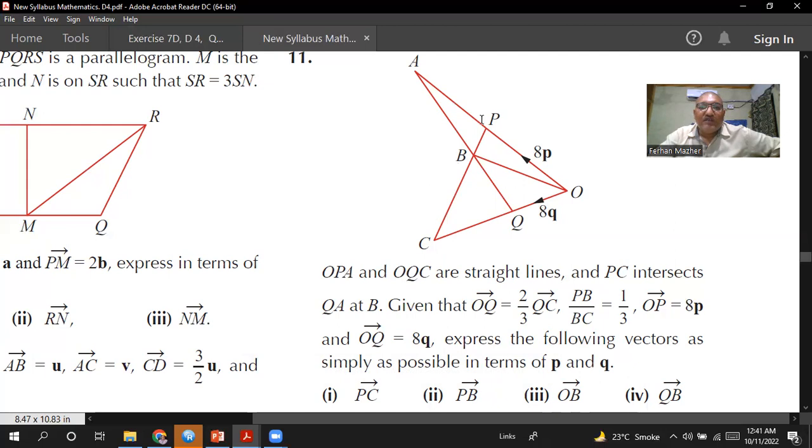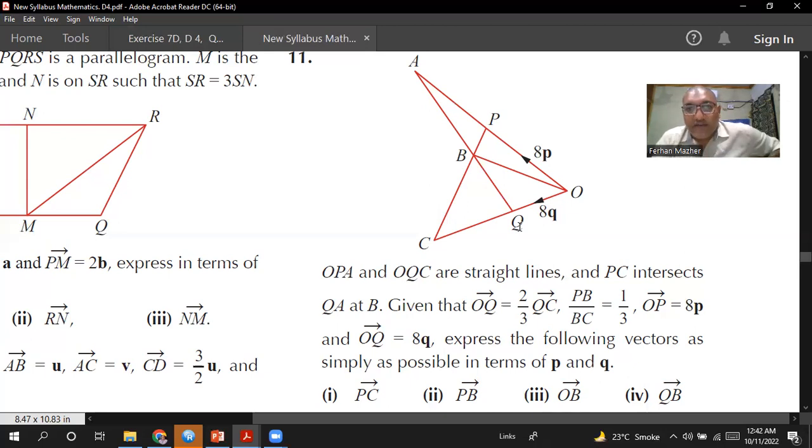The total portion will be 4. That is the ratio. He says O to P is 8P and O to Q, this portion is 8Q. He says express the following vectors as simply as possible in terms of P and Q.